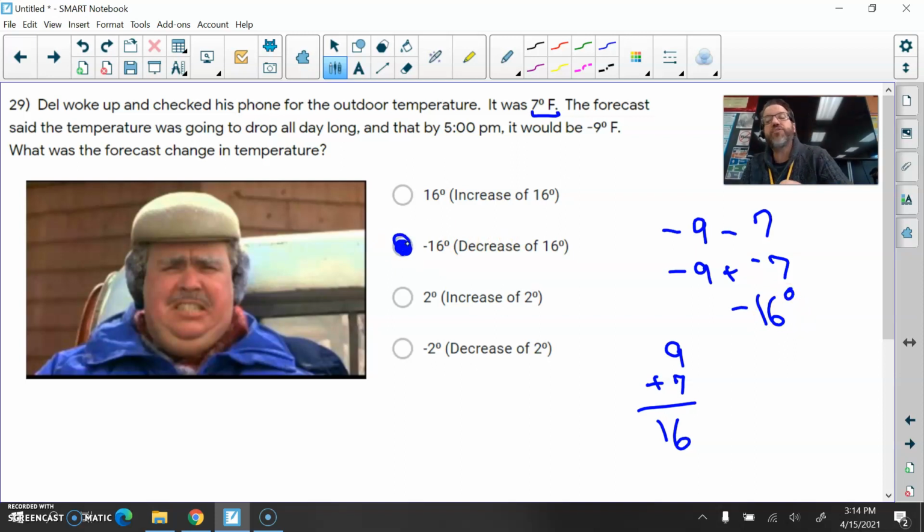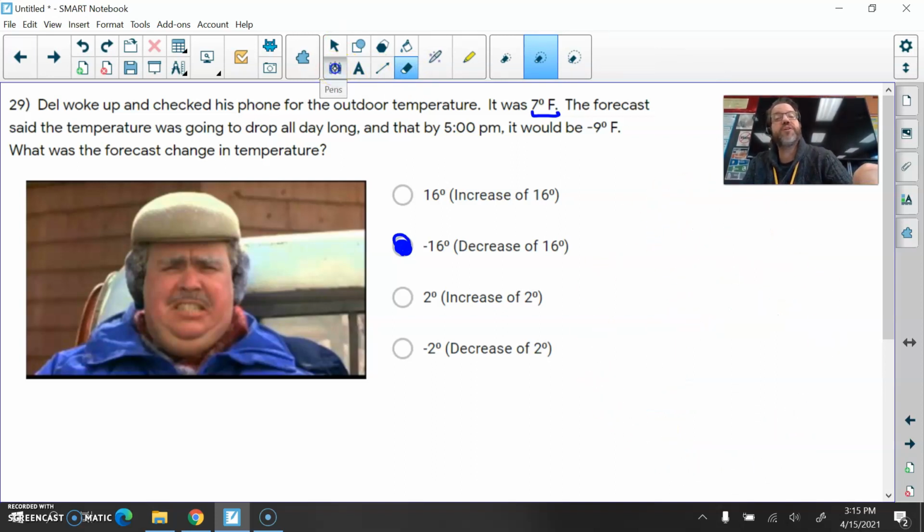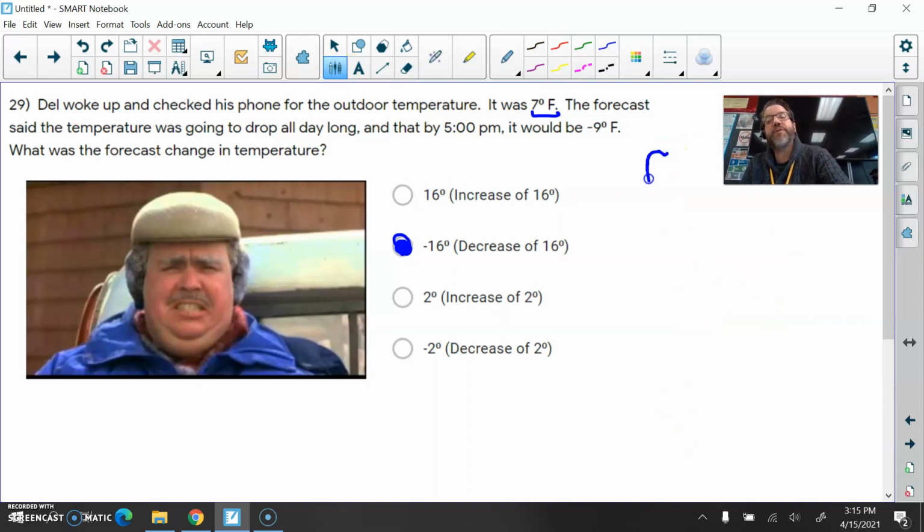Another way you can look at this is with a thermometer. I'm just going to go ahead and erase this here so you can see what I'm trying to show you. If you take your basic thermometer, and let's say 0 degrees Fahrenheit is right here.